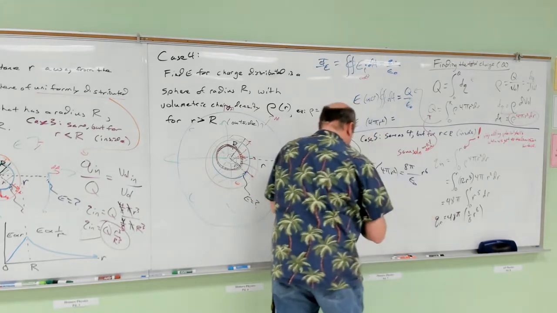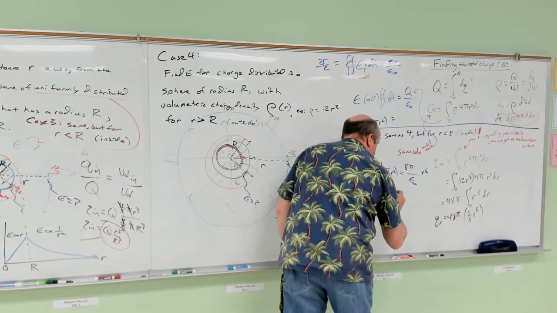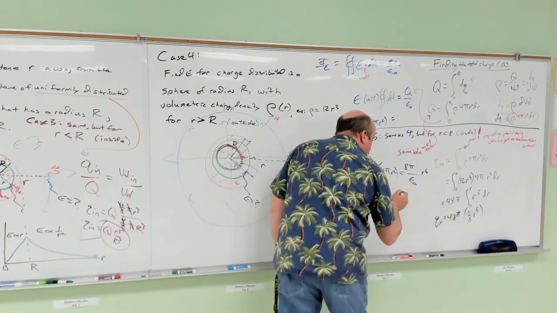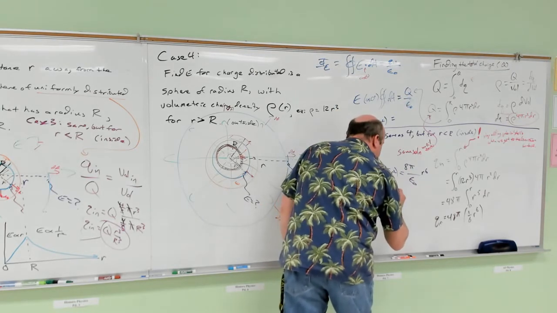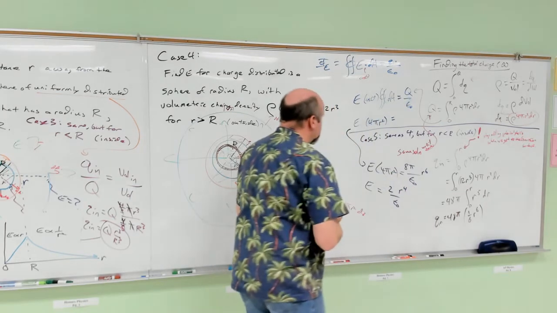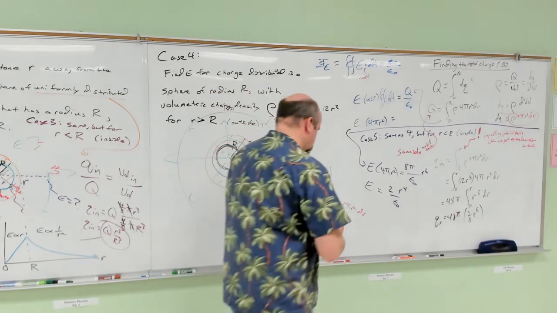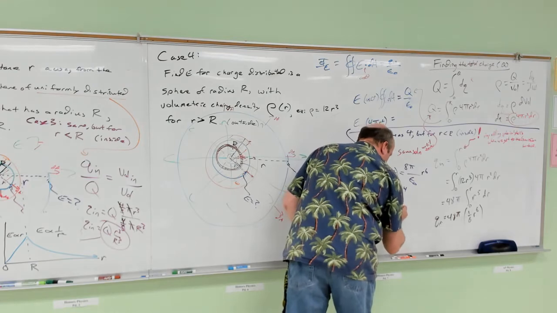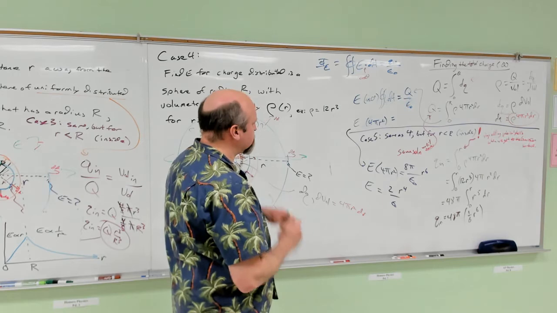Move the 4 pi r squared over. The 4 and the pi's cancel out, that's nice. I'm just going to end up with 2 r to the 4th over epsilon naught. That's the function that I get.